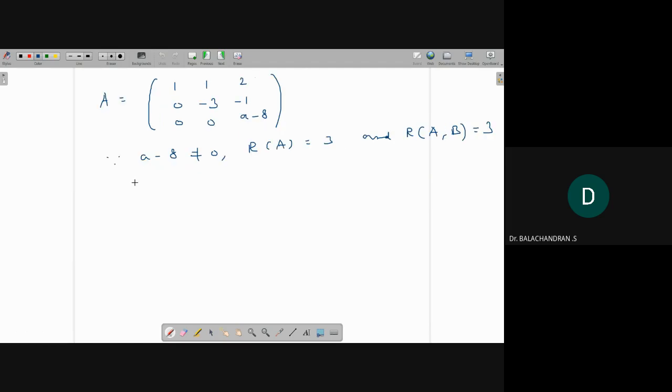Therefore rank of A equals rank of A comma B equals 3, which is the number of unknowns. So this implies the system is consistent and has a unique solution.